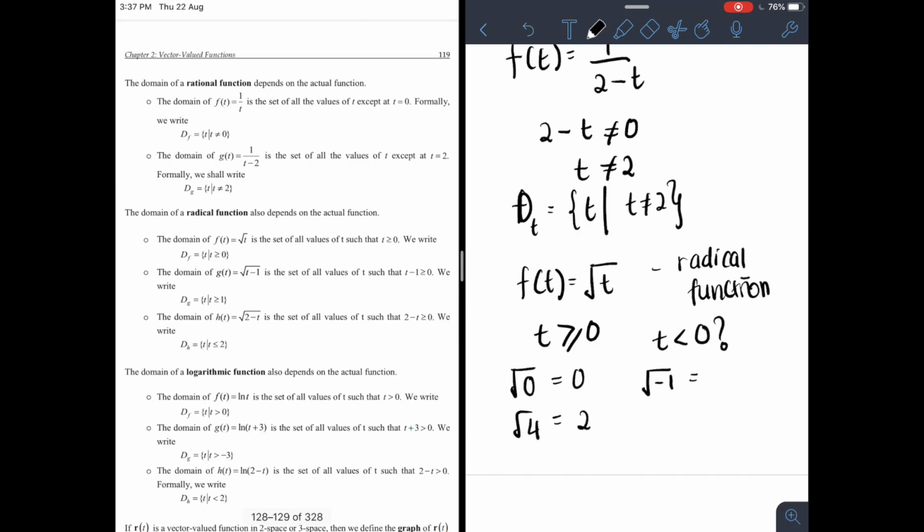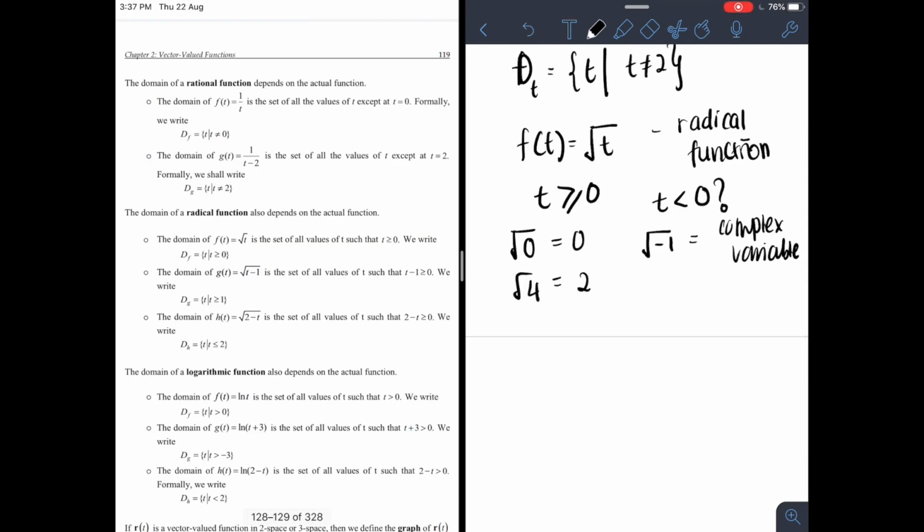By right, it will lead to a complex variable, which you want to avoid in this chapter, because there is a specific topic that deals with complex variables. In the scope of this lesson, you want to avoid the complex part.